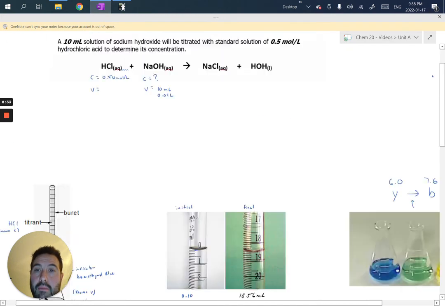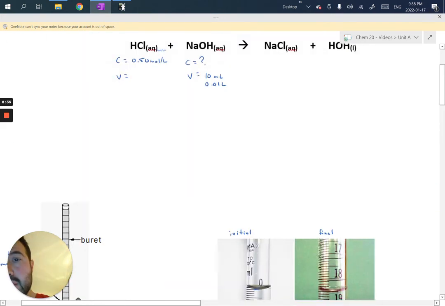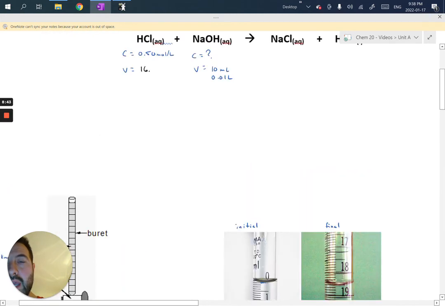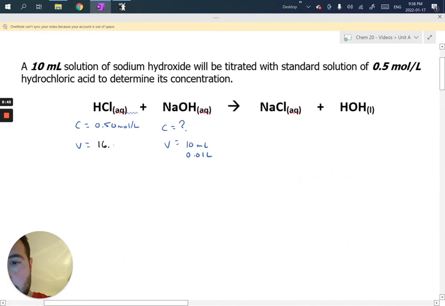So I'm going to bring that back up here. This volume right here was 16.82 milliliters, and we'll change that to liters: 0.01682 liters. So now I have enough information. I've experimentally found that volume.